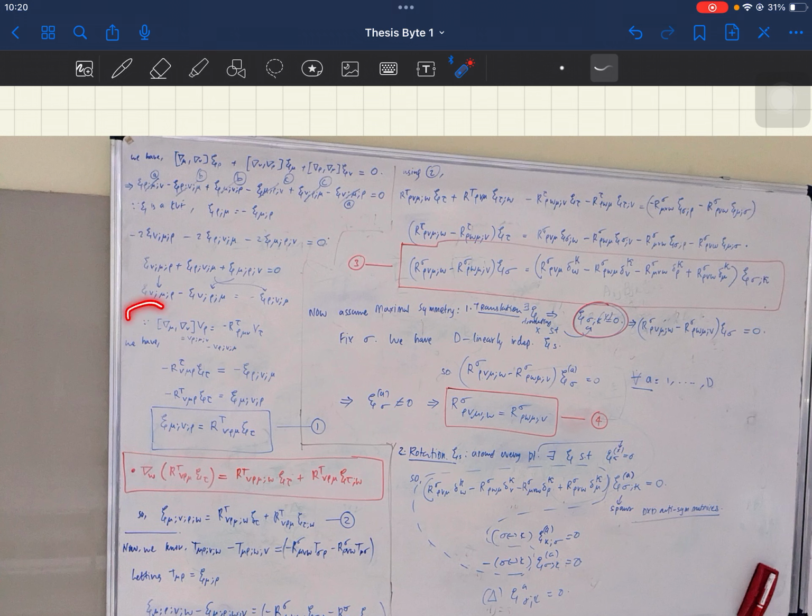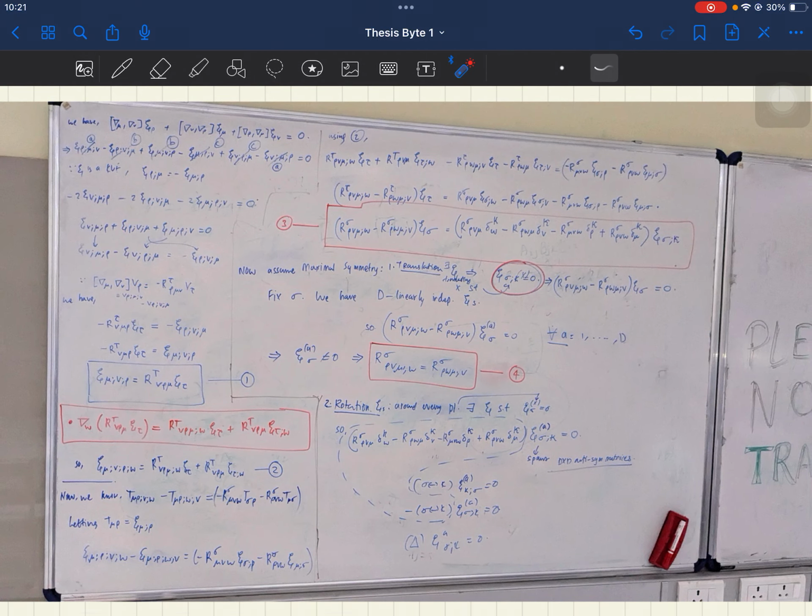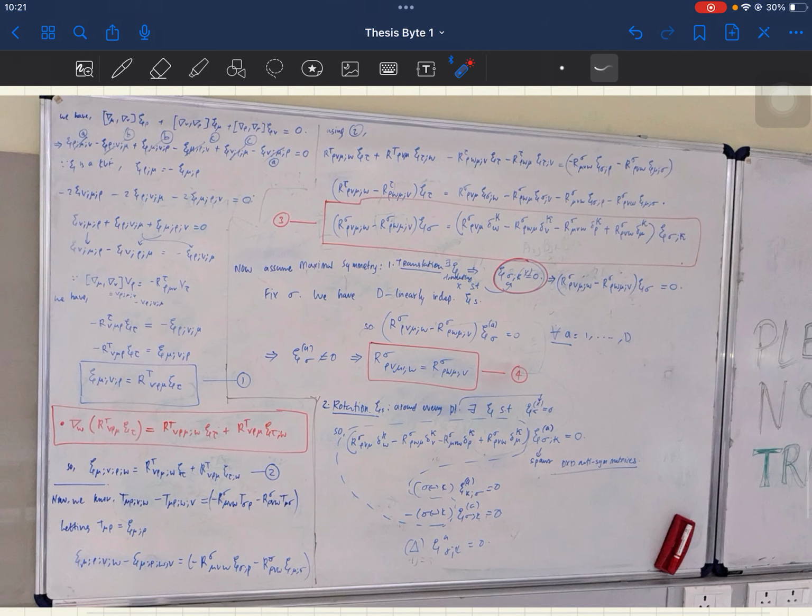We should also prove it at some point. Learn more about that, the more fundamentals of GR, which I don't have a strong grasp of. That's not my strong thing yet. So you start from here, and then you use Killing vector conditions and all that, and this defining condition of the Riemann curvature tensor, and you end up with this.